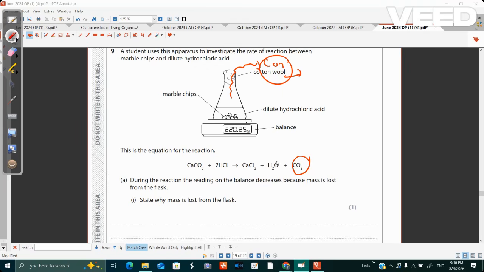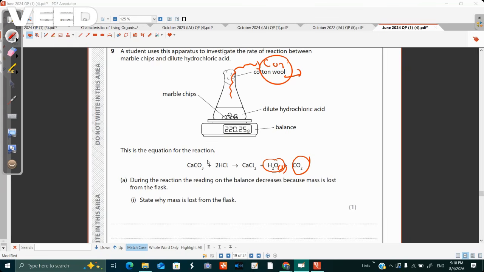Assuming H2O is also not being released, because if H2O is released as a gas, then there will be an issue. But at these conditions, let's assume nothing is getting released, and H2O stays liquid.